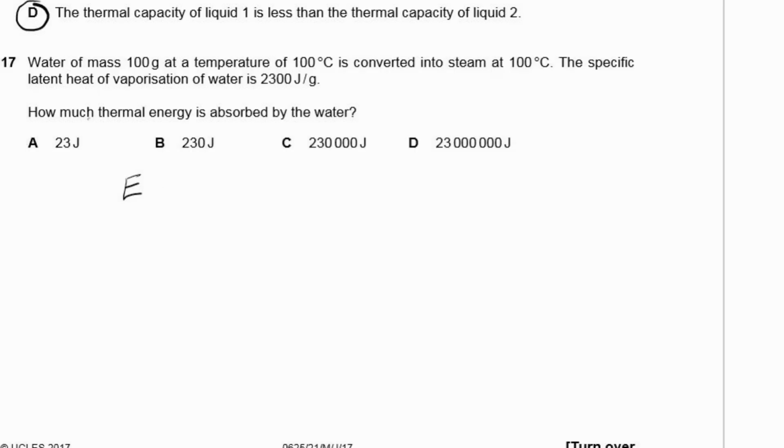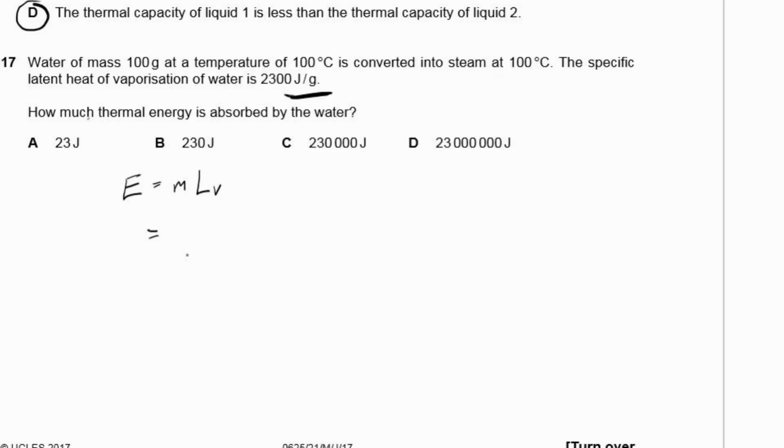The energy will be given by the mass multiplied by the latent heat of vaporization. So straightforward multiplication. Now we've got 100 grams. I'm going to do this in grams because the latent heat of vaporization of water is given in joules per gram. Sometimes it's given in kilograms, and that's absolutely fine too.